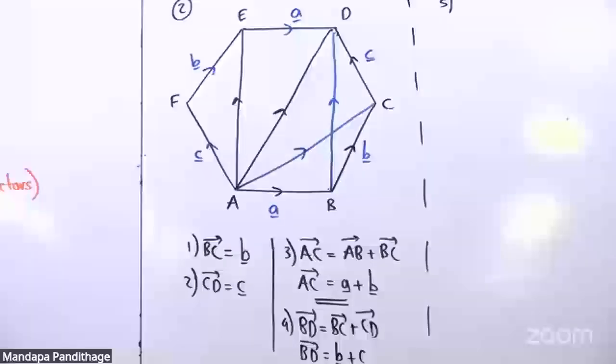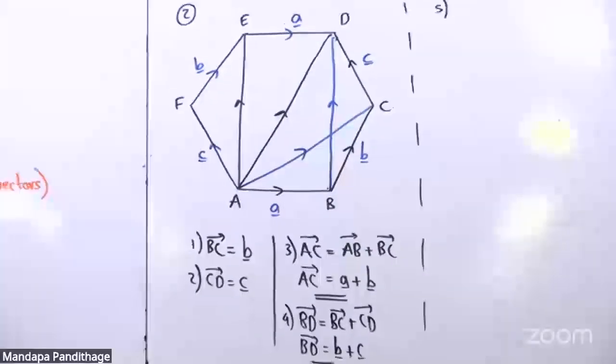And then question number 5, find BE. So BE is this.